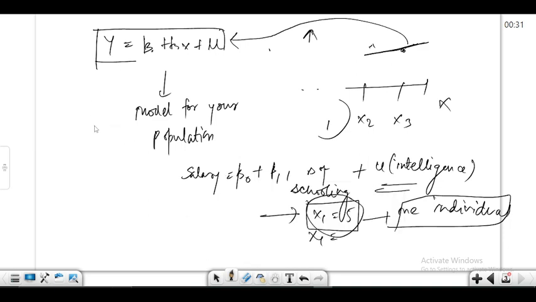So this is how your u will look like, okay.